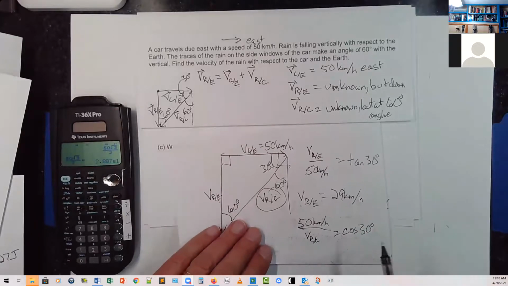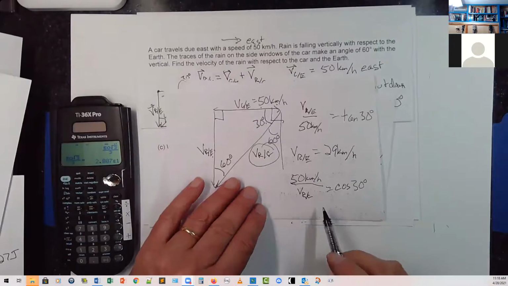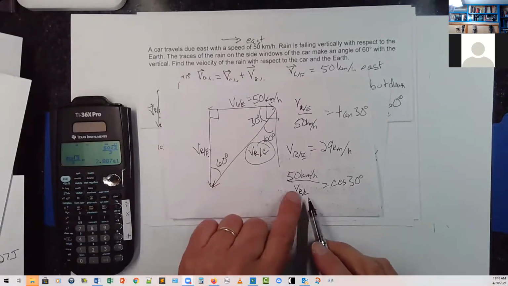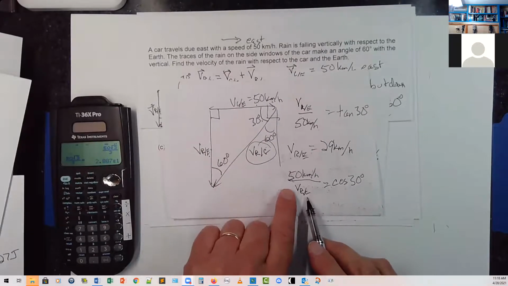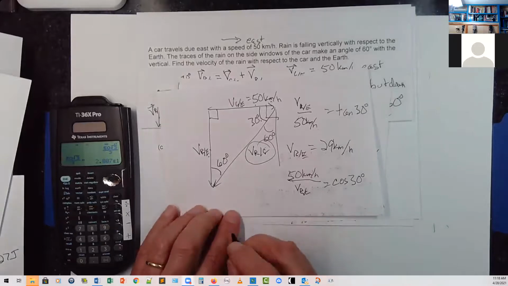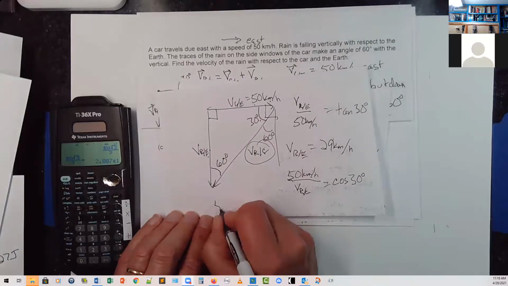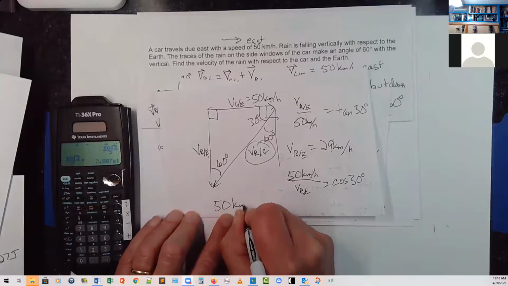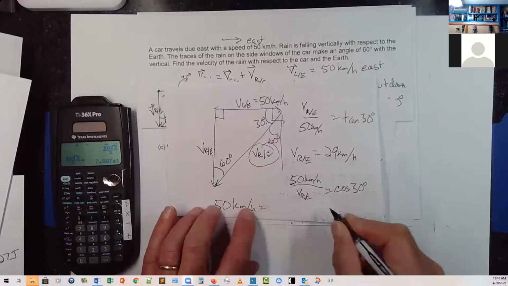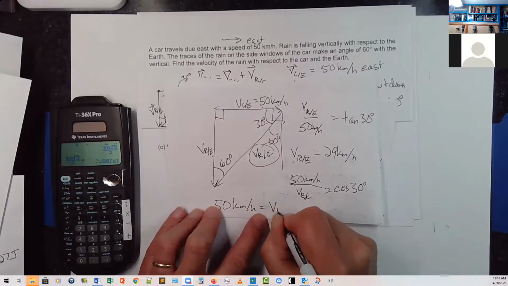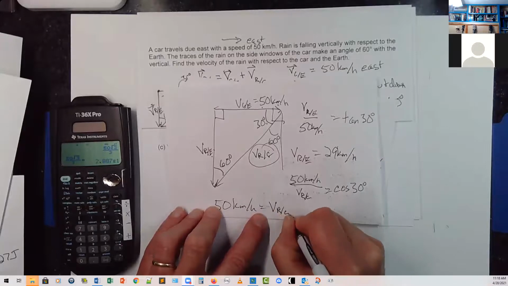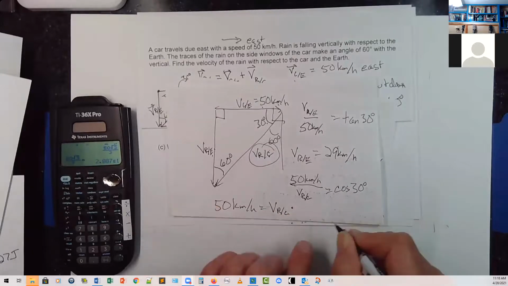Be careful on a problem like this. Don't try to immediately solve for this. First, multiply out from underneath by this, and you will get 50 kilometers per hour is equal to the velocity of the rain with respect to the car times the cosine of 30.